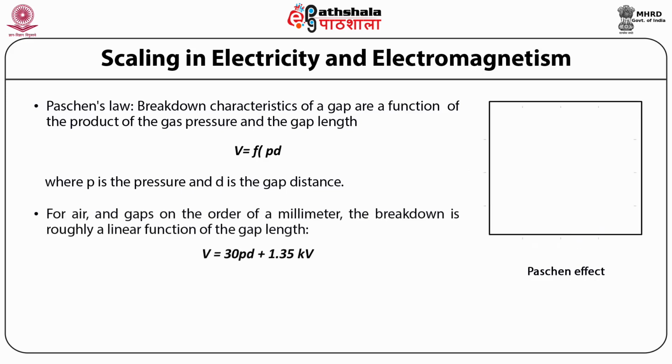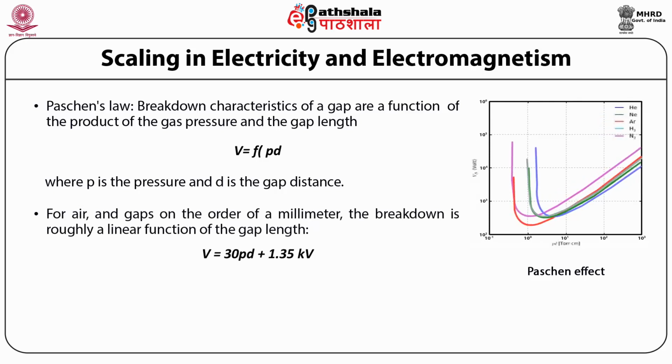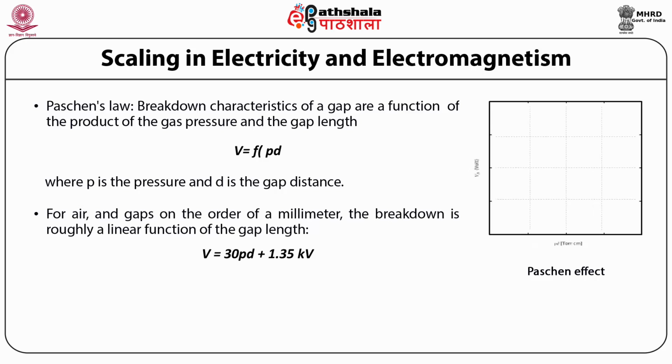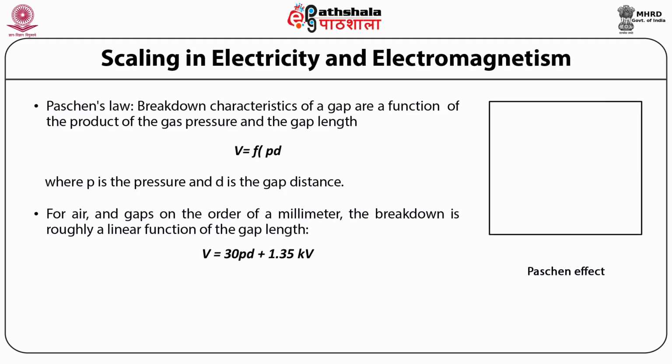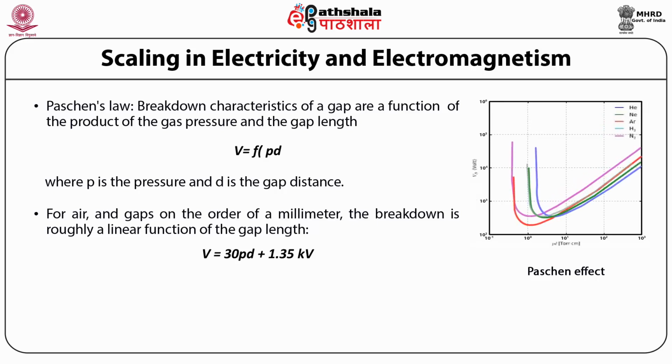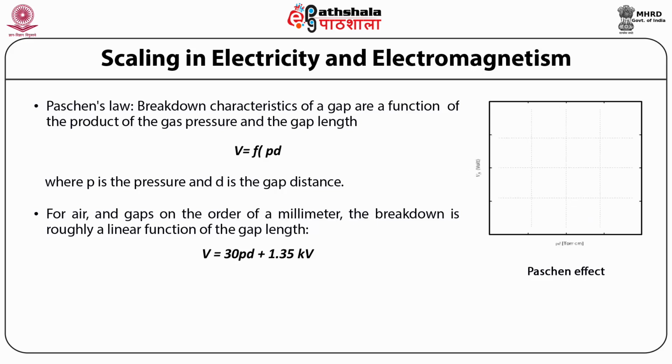For air and gaps on the order of a millimeter, the breakdown is roughly a linear function of the gap length. So V is equal to 30 PD plus 1.35 kV, where D is in centimeters and P is in atmospheres.